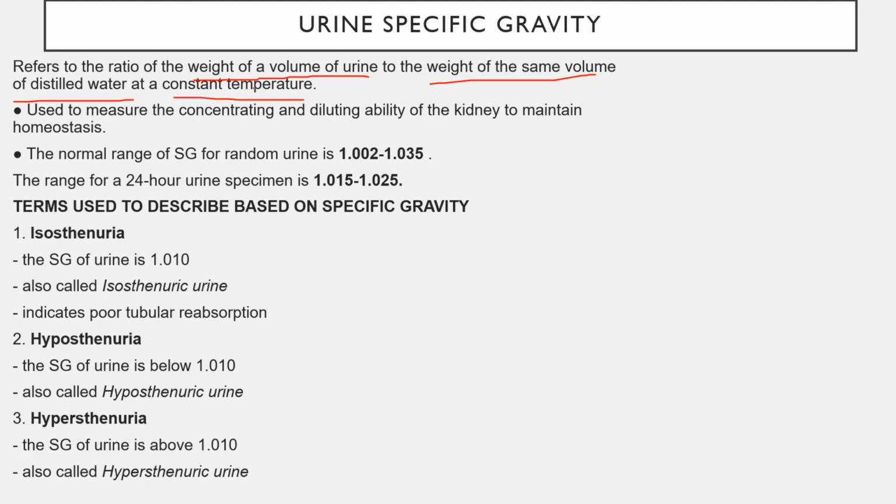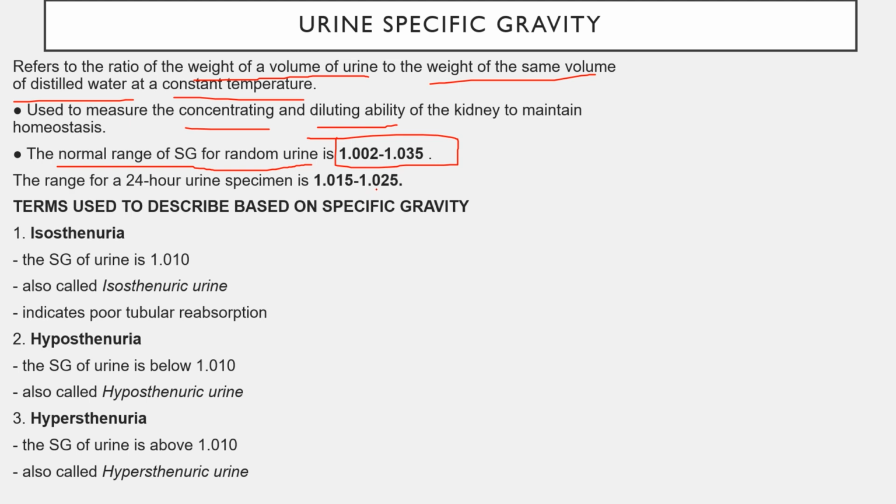So let me repeat, class, SG refers to the ratio of the weight of a volume of urine to the weight of the same volume of distilled water at a constant temperature, used to measure the concentrating and diluting ability of the kidney to maintain homeostasis. So the normal range of specific gravity for random urine, class, is 1.002 to 1.035, while the range for a 24-hour urine specimen is 1.015 to 1.025.